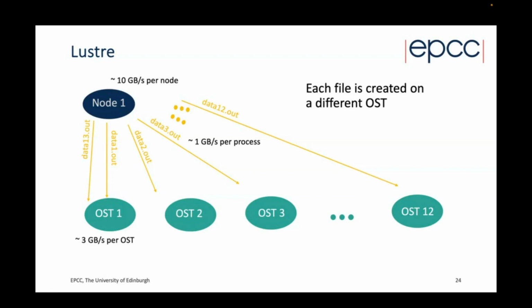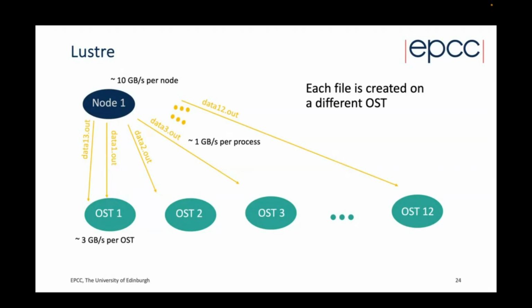But it takes time to send data. On one node, I found that usually I can't write more than about 10 GB per second. And a single process can't really write out more than about 1 GB per second. And interestingly, each OST has a limited speed at which it can write to the disk, because writing to the disk is generally slow.